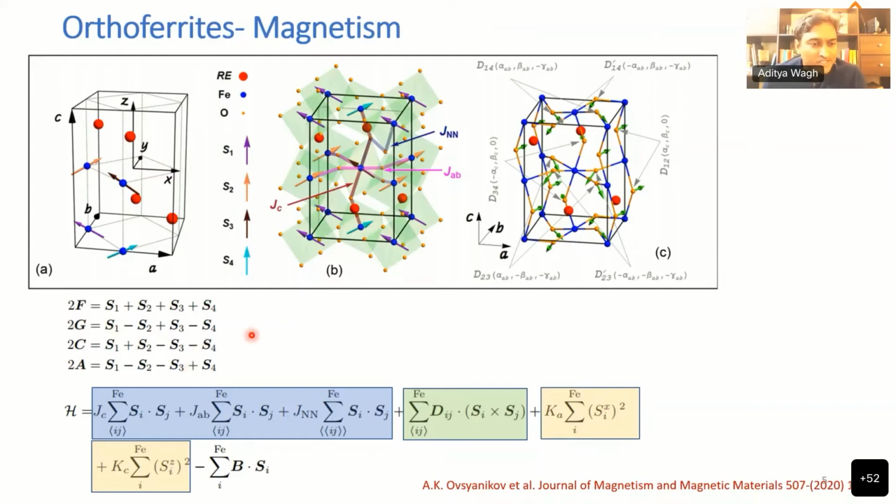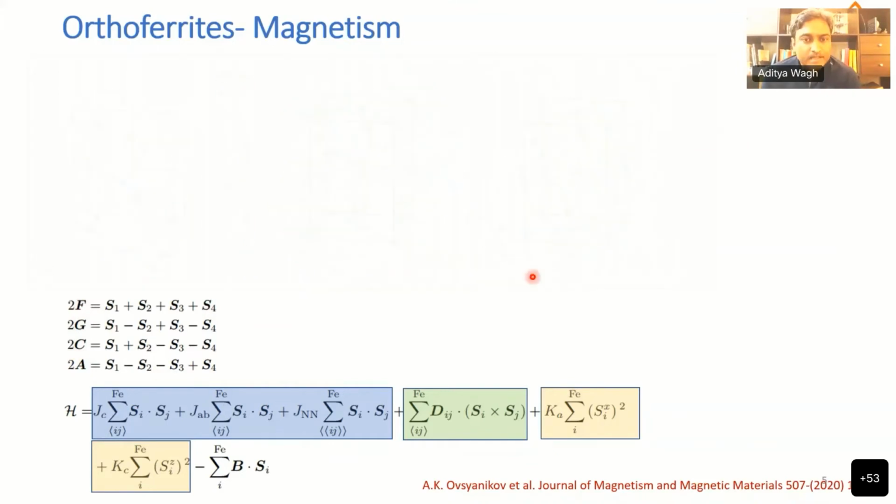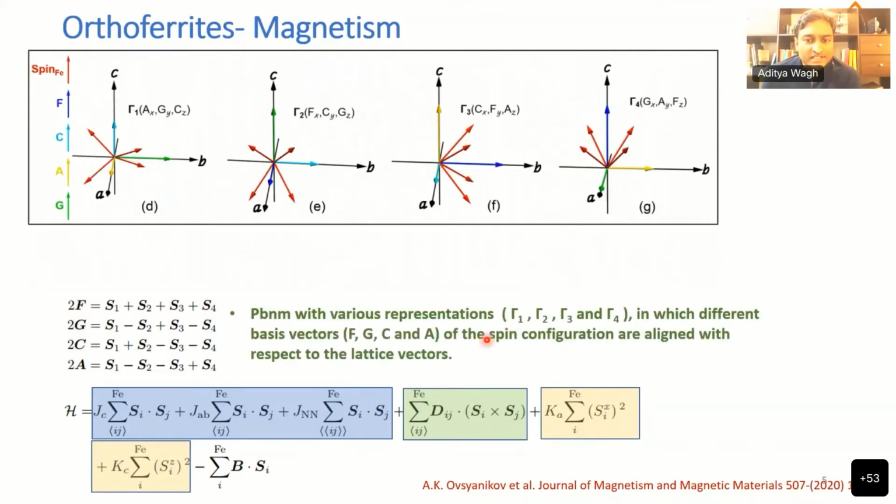And once you have some spin configuration, which in this material is just a linear combination of these four basis vectors.